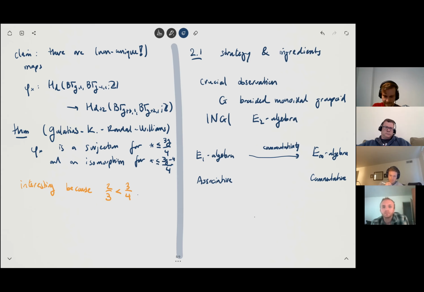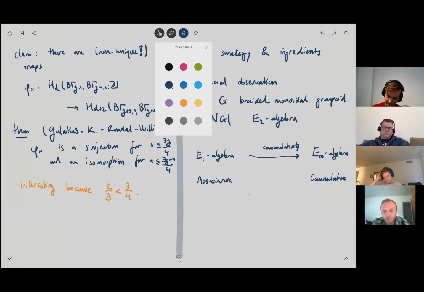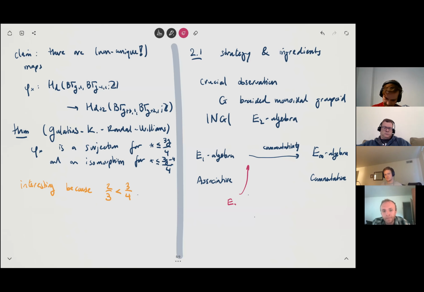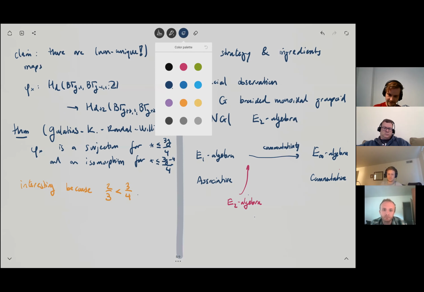And an EK algebra for K between 2 and infinity is something in between, where the space of multiplications that you have becomes increasingly highly connected. So maybe on the spectrum, somewhere over here, we have E2. Somewhere near the beginning of the spectrum.